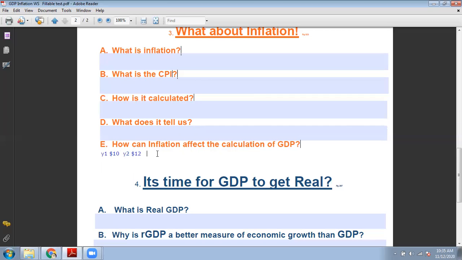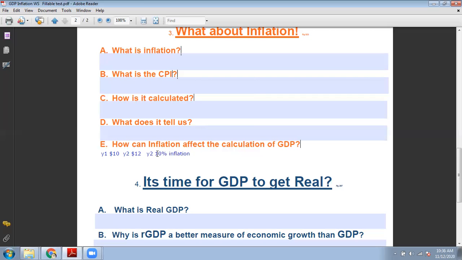Because think about it this way. If in year two, we had 10% inflation, that means if in year one, we made a certain level of goods, let's say $10 trillion of goods, in year 2, it'll say that we made $11 trillion of goods.